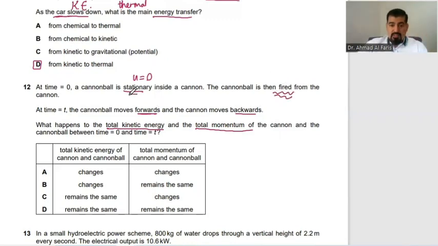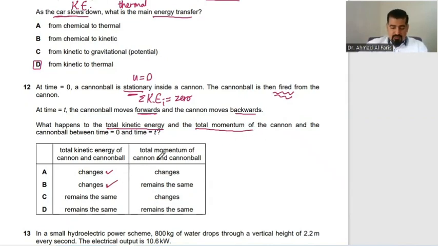Both of them were stationary. There was no kinetic energy. The sum of the kinetic energy initially equals what? 0. After that, it changes. So it becomes what? Increase, because now both particles move: the cannonball moves forward, and the cannon itself moves backwards.